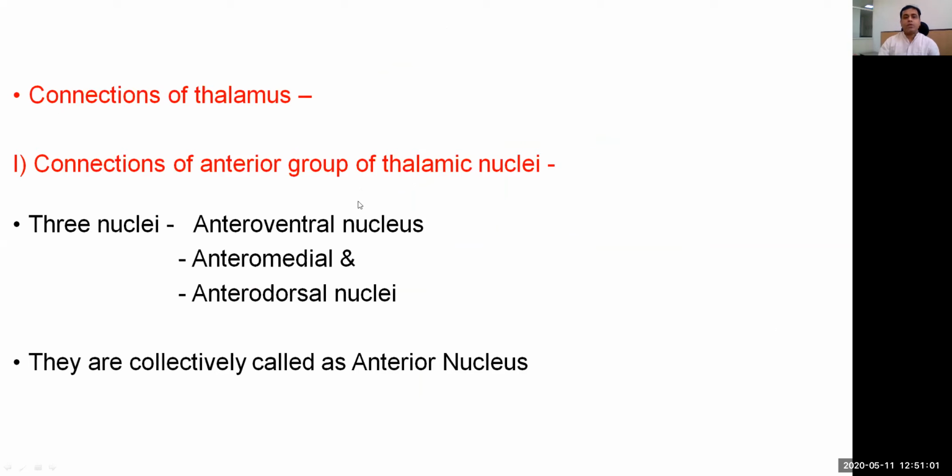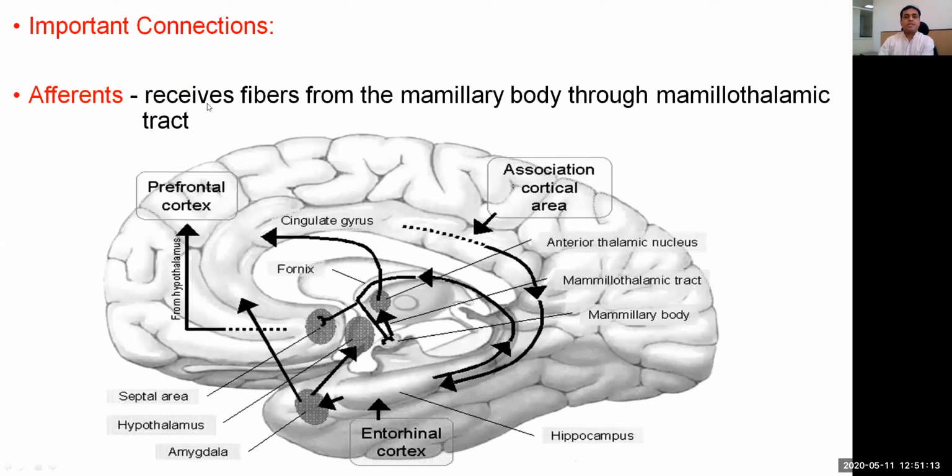Connections of the anterior group of thalamic nuclei. The anterior group includes three nuclei: anteroventral, anteromedial, and anterodorsal. They are collectively called the anterior nuclei. It is receiving afferent fibers from the mammillary body. This is the mammillary body here.